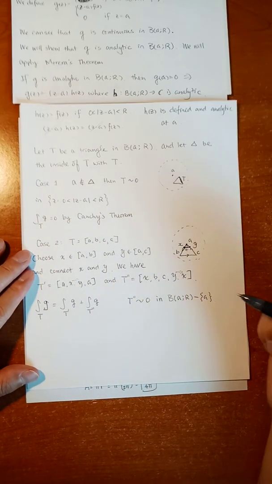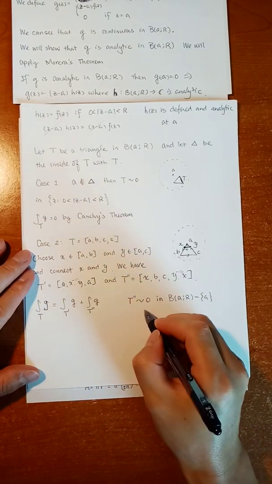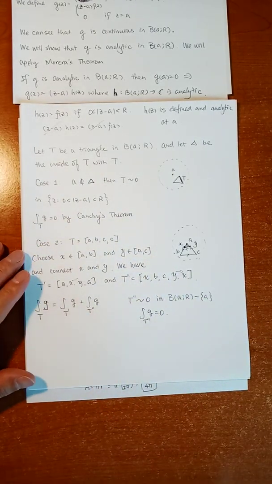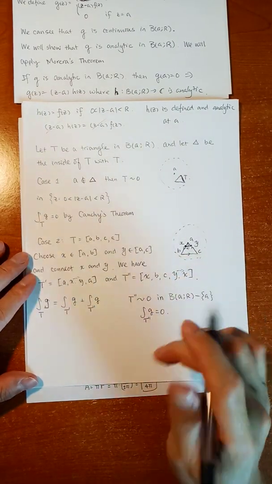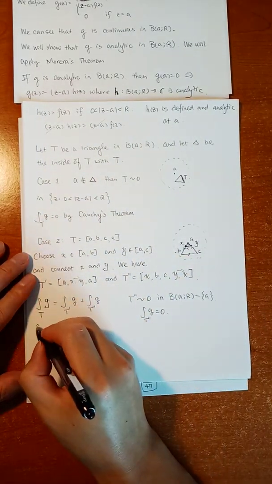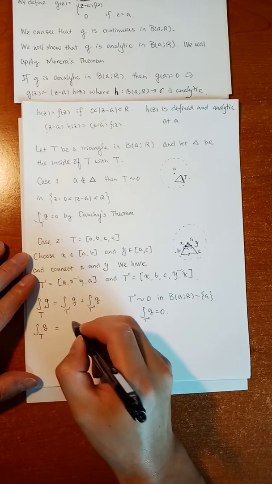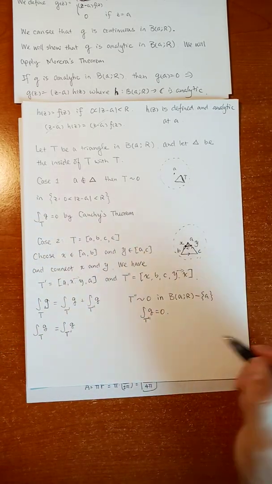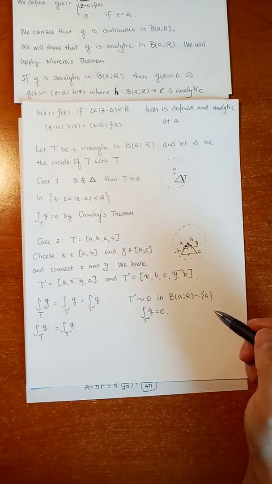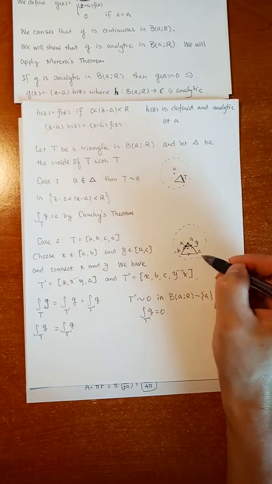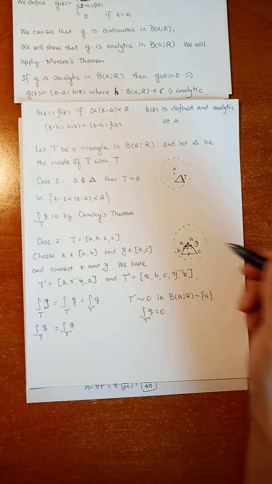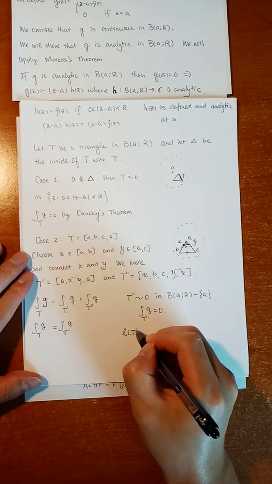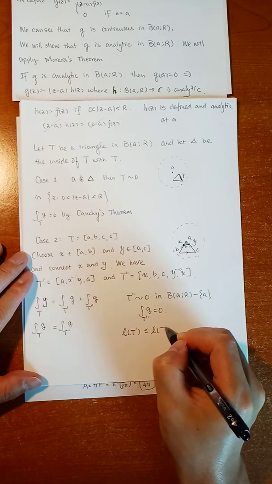And G, of course, is analytic, so this part of the integral is 0 by Cauchy's theorem. So what we get? We get the integral of G along T is equal to the integral of G along T prime. The big one is T, the small one is T prime. And we know the length of T prime is less than or equal to the length of T.